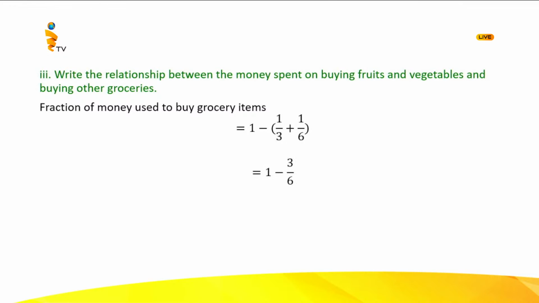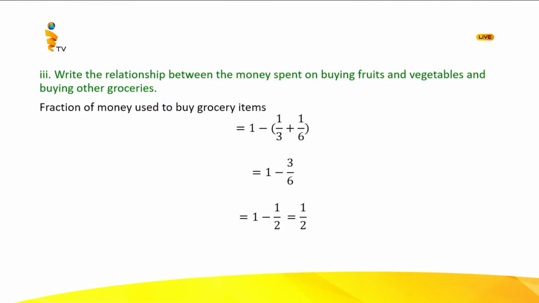When you simplify what is inside the bracket, you will get 3/6. When you subtract 3/6 from 1, it will be half. The simplest form will be half. That means half of the amount he took to the market was spent on buying other groceries, and the other half was used to buy fruits and vegetables.